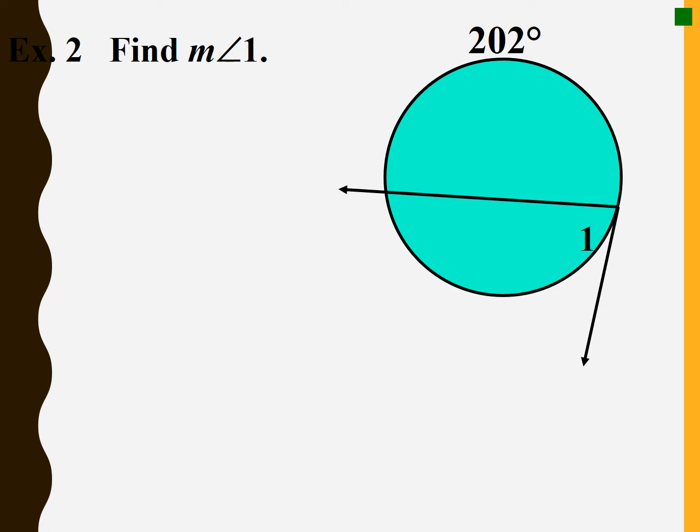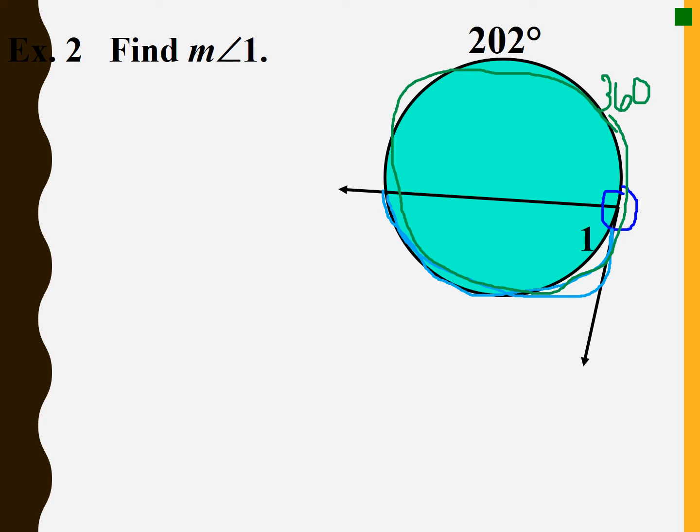Our second example is slightly different. Again, your vertex is located on the circle, but now we do not know what the measure of the arc is. However, we do know that a circle equals 360 degrees.